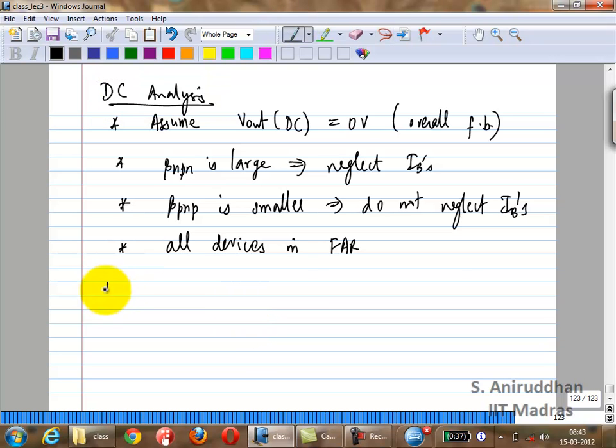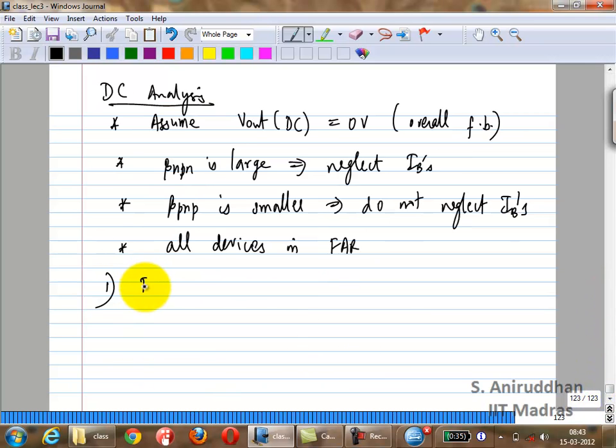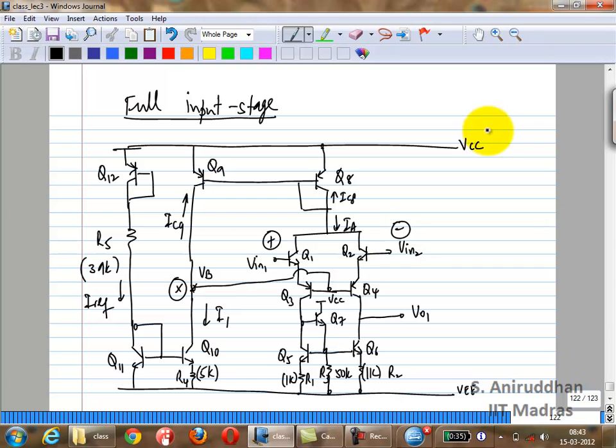Okay, so the first step, what is the first step? Find out IREF. Okay. What is IREF? So this is VCC is 15 volts. VEE is minus 15 volts.